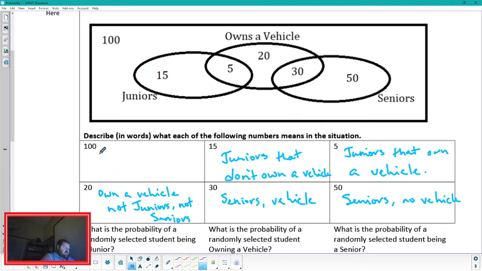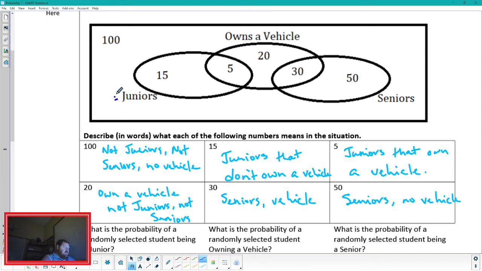And then the 100 would be, look at it how you want to, not juniors, not seniors, and don't own a vehicle. Okay, they kind of don't fit into any of the groups that we have.